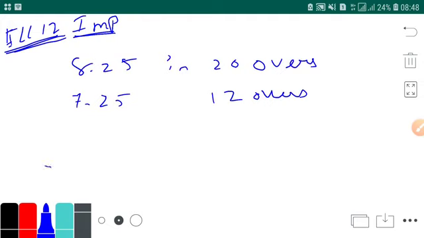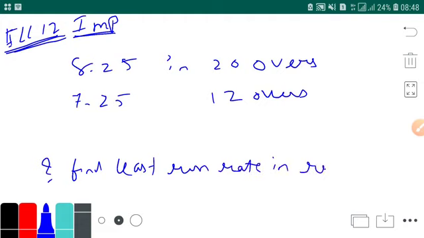Now what is the question? Find the least run rate in remaining overs. Just analyze the question.